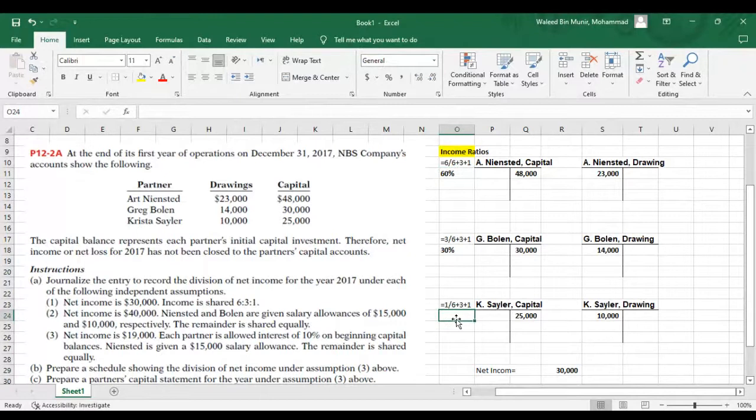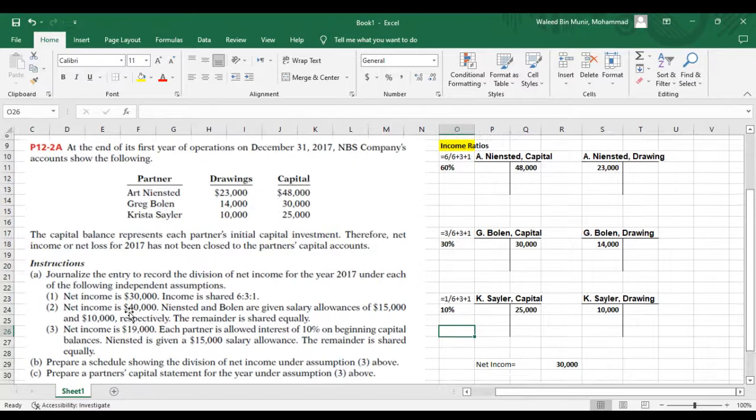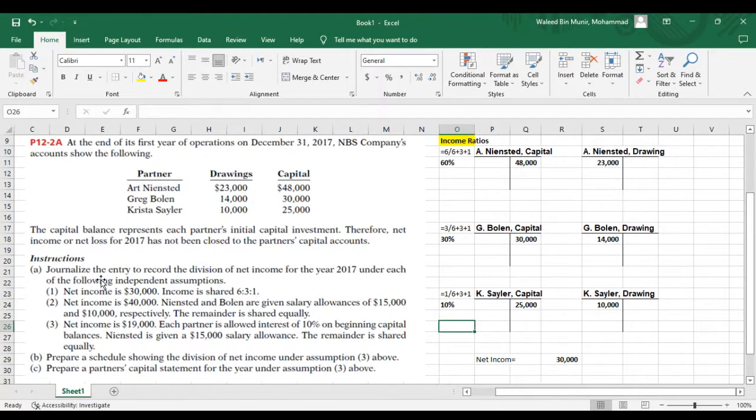30%, and for this one, it will be 10%, right? Okay. So now the question says here, generalized entries. We have to make an entries first. I'm just showing you the calculation first of all.